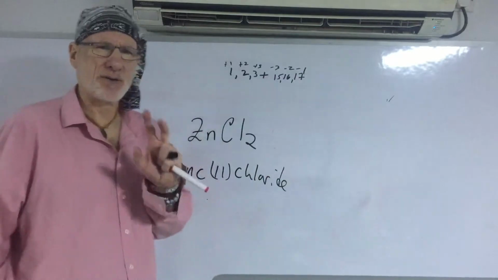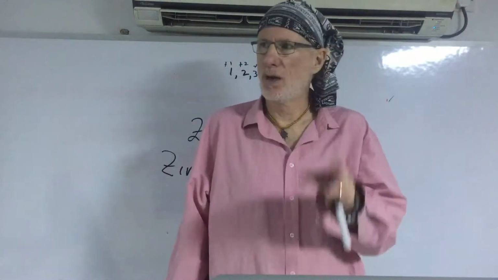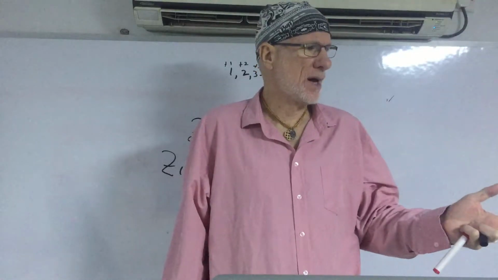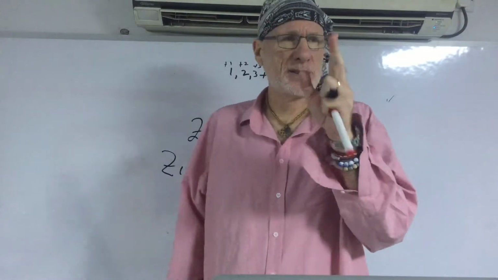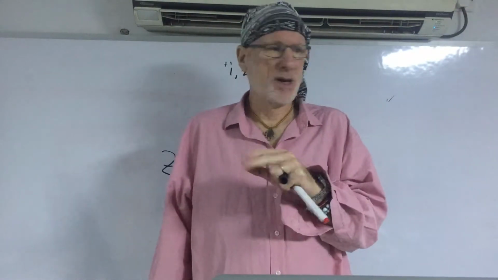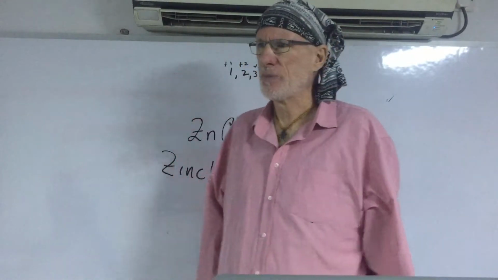Even though zinc generally only has an oxidation state of 2, that whole row, okay? What row is it? 12? Yeah, 12. Zinc, cadmium, okay? I think mercury's in that row. Anybody have a periodic table somewhere? That row is generally +2.